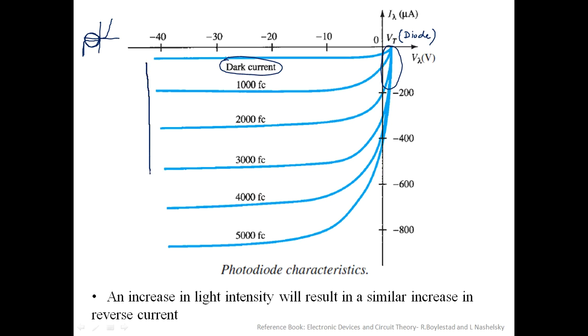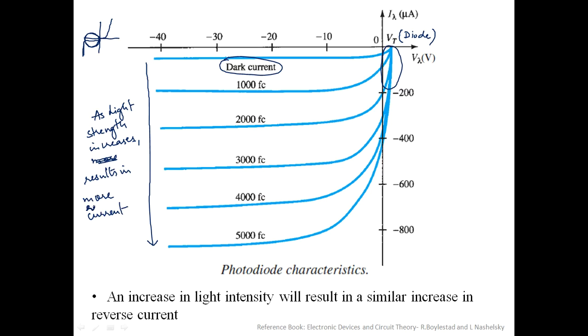So, if I just draw an arrow here, it means as light strength increases, this results in more current.